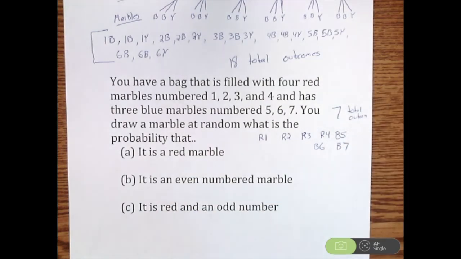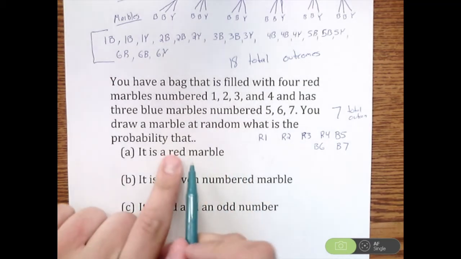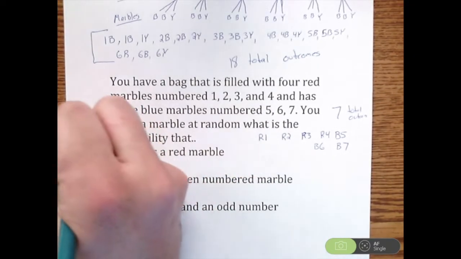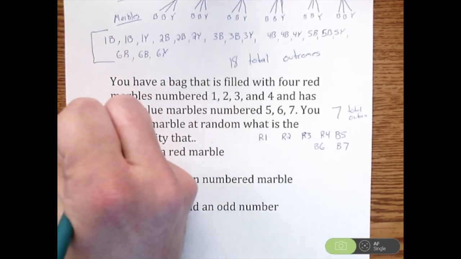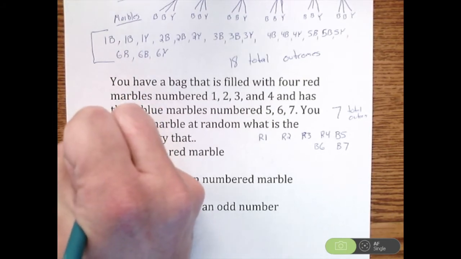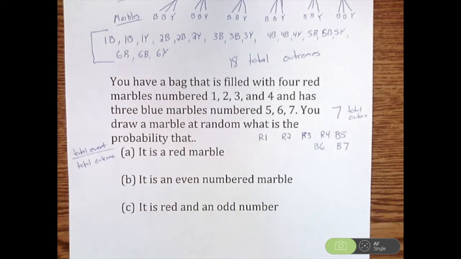So the first question is, you draw a marble at random. What is the probability that it is a red marble? Here's how it's going to work. We're going to write this as a fraction. It's the total of the event we're looking for, divided by the total outcomes.